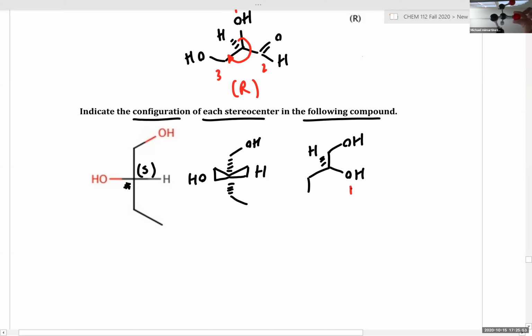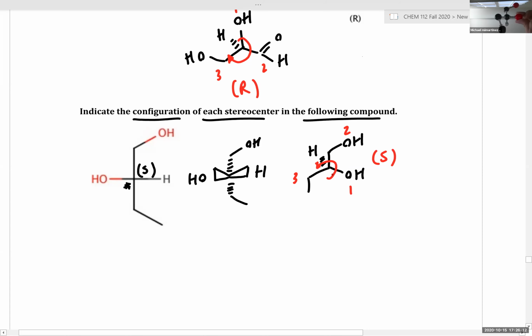Assigning priority, oxygen is priority 1, the methylene group is priority 2, the ethyl group is priority 3. Going from highest to lowest priority, we see that this stereocenter would be assigned as S because we're going counterclockwise.